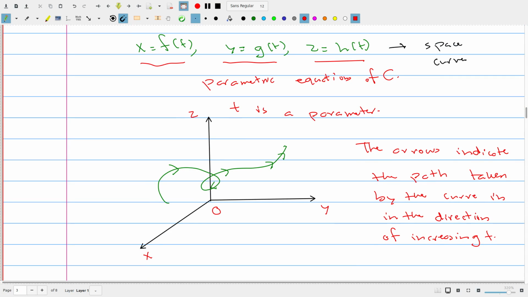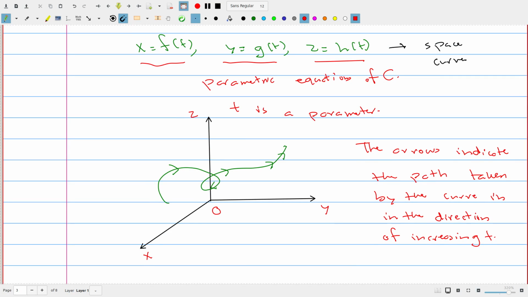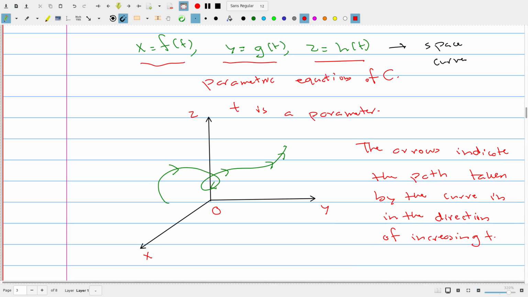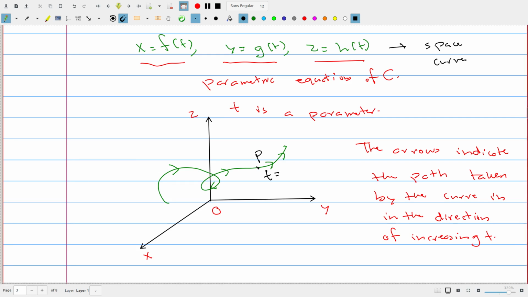Now what is r(t) in this scenario? r(t) is a position vector of any point P. So for example, if I wanted the position vector at this point P, let's say here t is equal to some number a.